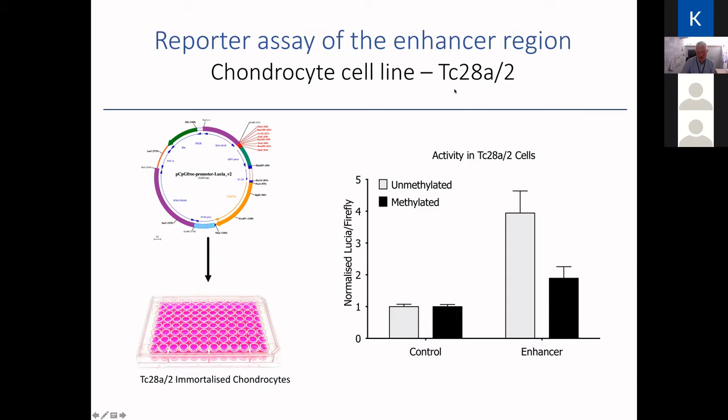And does it act as an enhancer when we methylate or demethylate it? What we discovered is that yes, it does act as an enhancer. And if we methylate it, we reduce the enhancer effect. So this piece of DNA is methylation sensitive. When it's unmethylated, it has a stronger enhancer effect than it does when it's methylated.